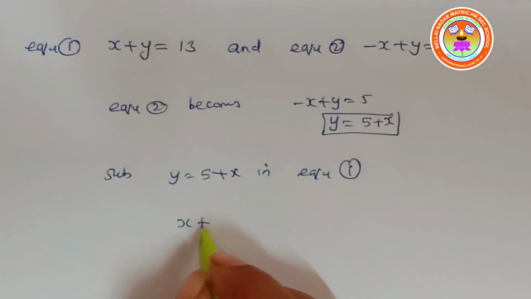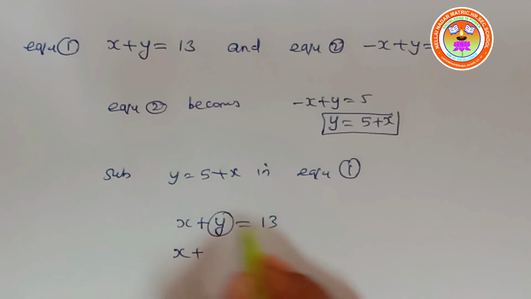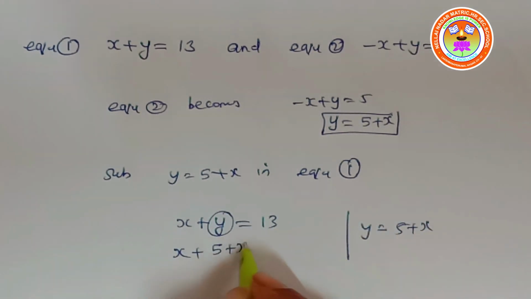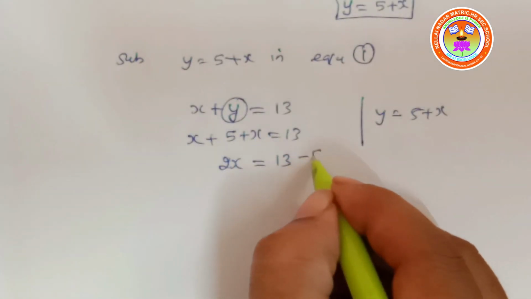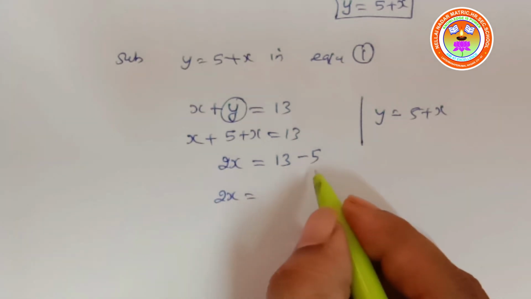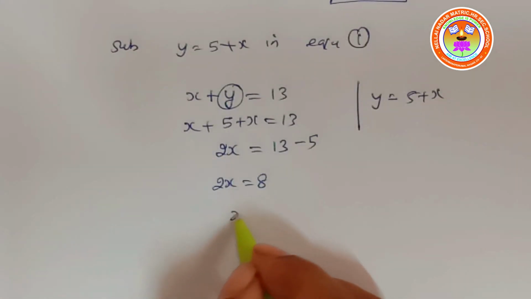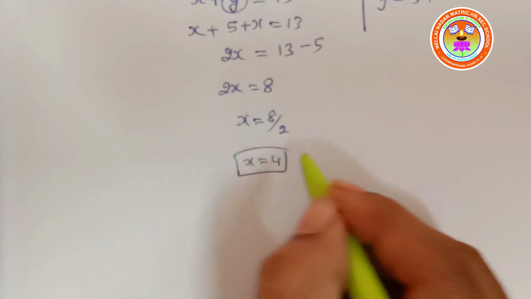So x plus y is equal to 13: x plus, in the place of y, 5 plus x, equal to 13. x plus x is 2x, equal to 13 minus 5, that is 8. x is equal to 8 divided by 2, so x is equal to 4.